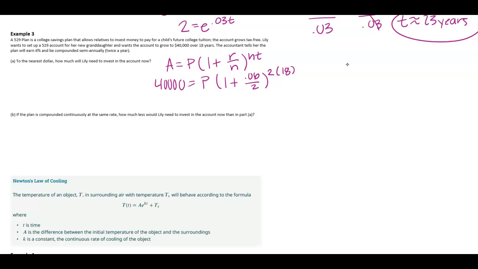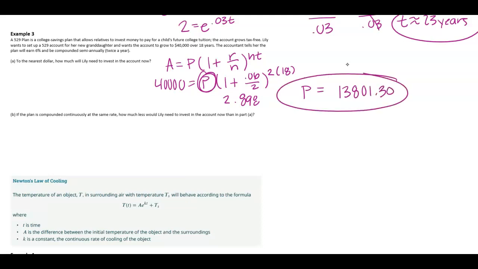All right, let's figure out what that number is. That number is 2.898. So I can solve this for principal by taking 40,000 and dividing by that number. And so what she would need to invest is this much. Now it says to the nearest dollar, so we could just round it to 13,801.